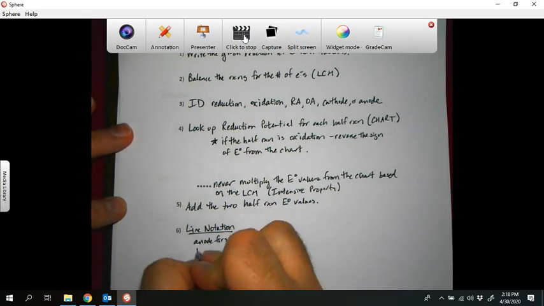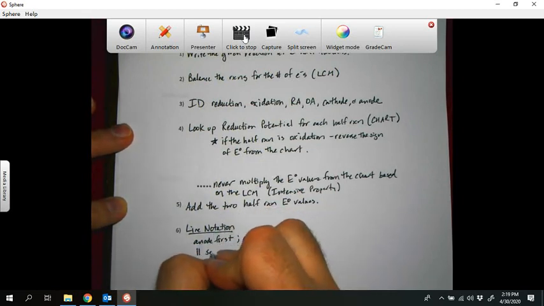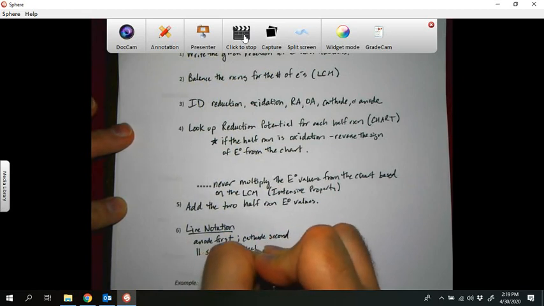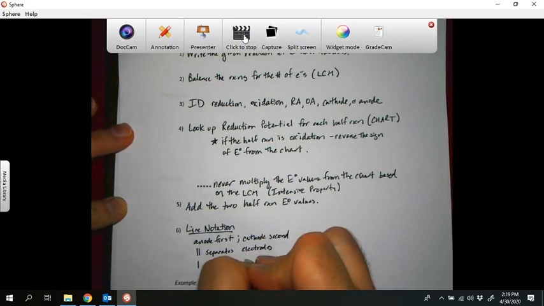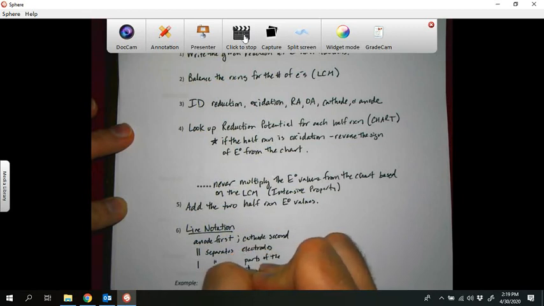A double line, like a parallel symbol, separates the electrodes, and a single line separates the parts of the two half reactions.